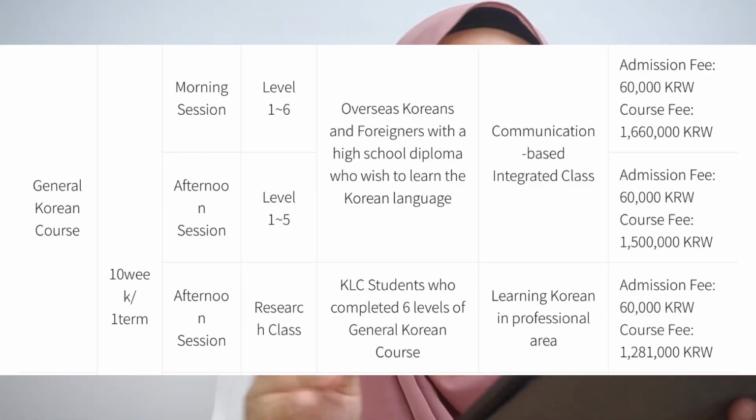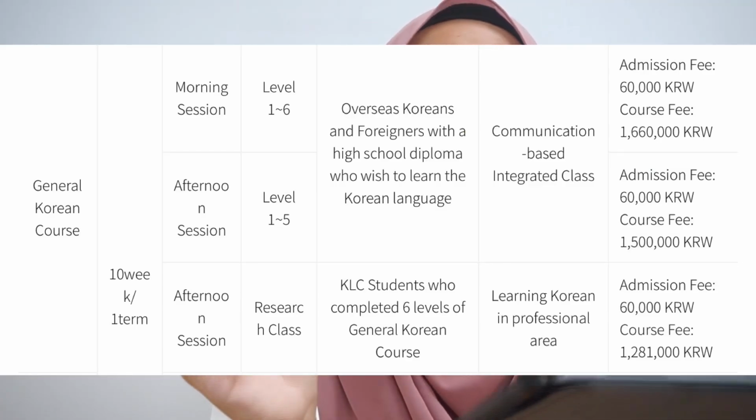Alright? That's good. So what's the difference between the general Korean class and the academic Korean class? According to this website, the general Korean course is basically a communication-based integrated class. So you're going to get a lot more talking and a lot more interaction.